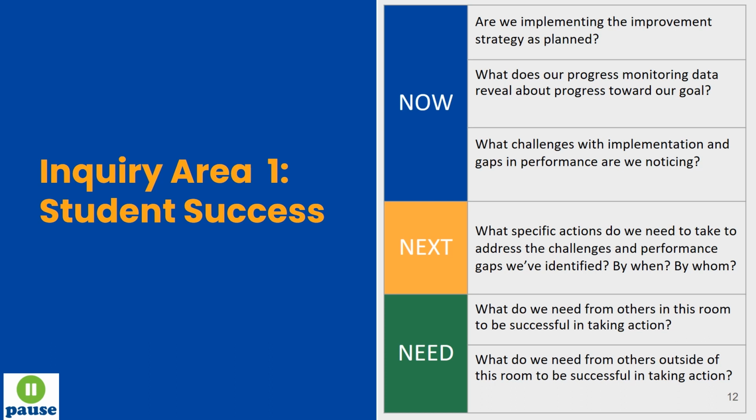We will use the now, next, need protocol, and the designated team member will document our discussion in the status tracker, capturing our lessons learned, next steps, and what we need to be successful. The editor will update our SPP to reflect the outcomes of our discussion as necessary. And the timekeeper, please set your timer and pause the video while you engage in the discussions.